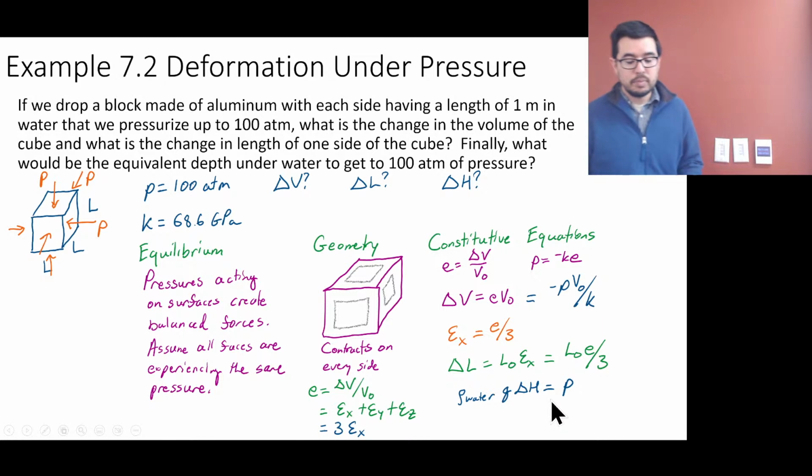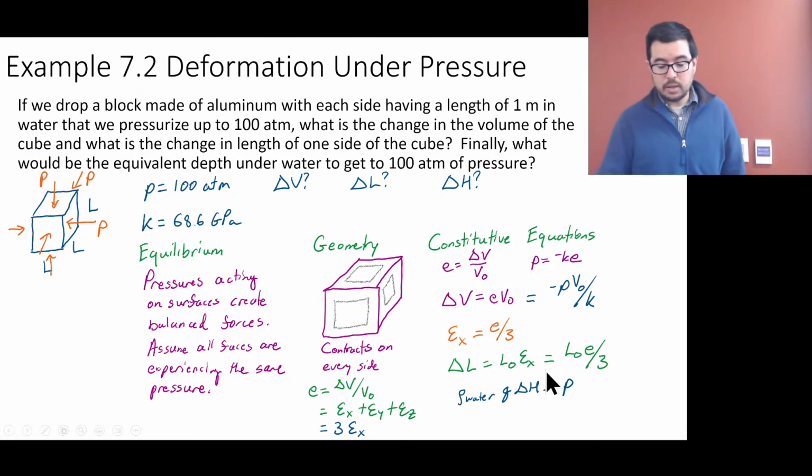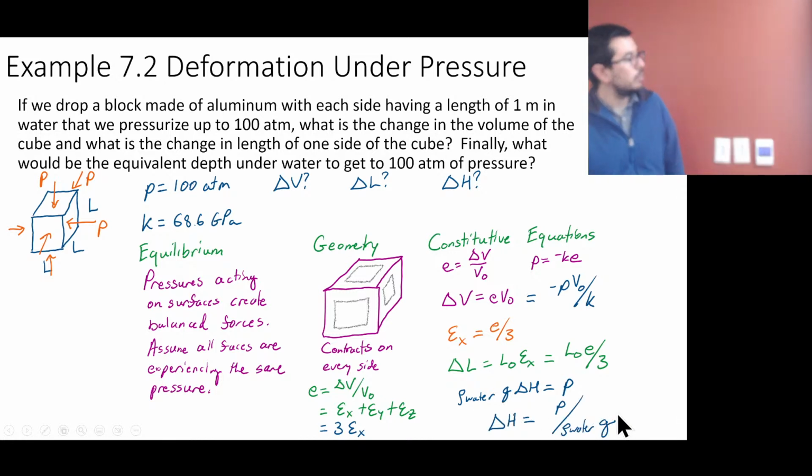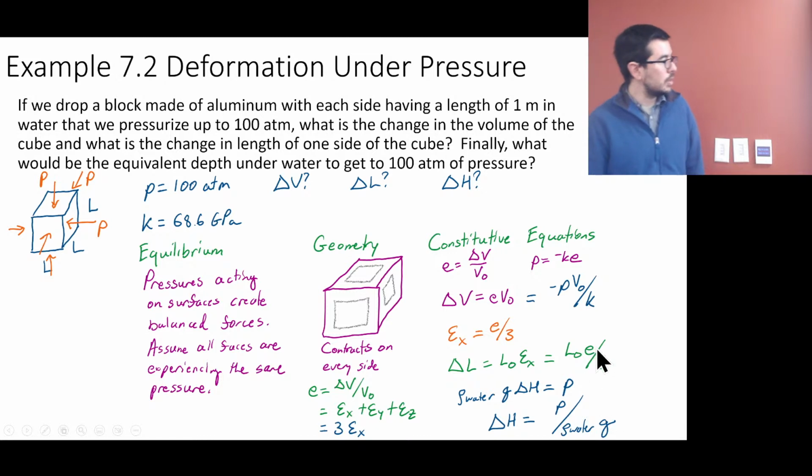So those are the equations. We have the change of volume up here, we have the change in length here, and actually, I need to do one more thing. We need to solve for delta H. Yeah, so delta H is equal to that. So those are the 3 quantities.